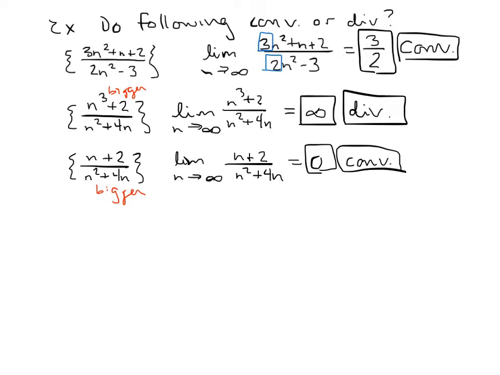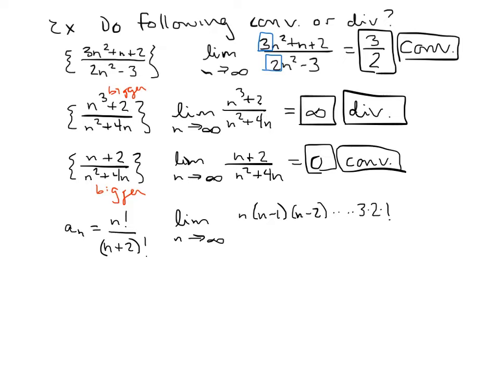Let's do another one. Let's look at when a sub n is equal to n factorial over n plus 2 factorial. When we take a limit as n approaches infinity, remember that n factorial is n times n minus 1 times n minus 2, and that continues until you hit 3 times 2 times 1.